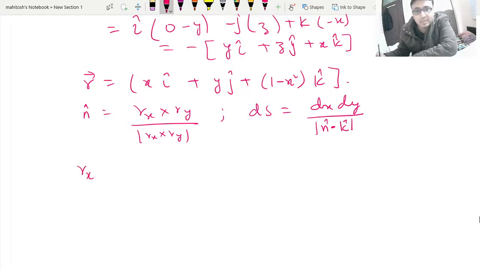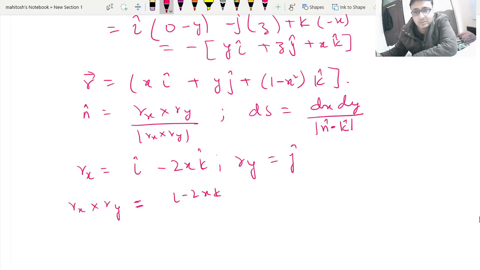So I can write this rx is equal to i cap minus 2x k cap, and ry is equal to j cap only. Okay. So if I do this multiplication, these vectors multiplication, that is your cross product. So i minus 2xk into j cap. So we know i into j cap is your k cap, and k into j cap is minus of i cap.